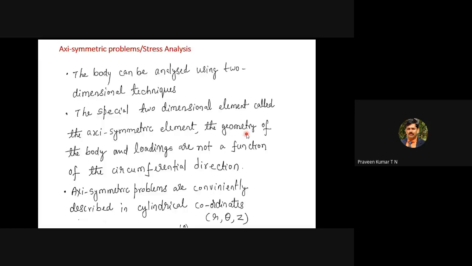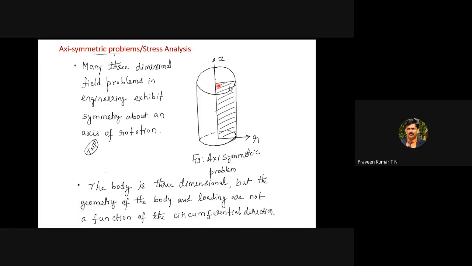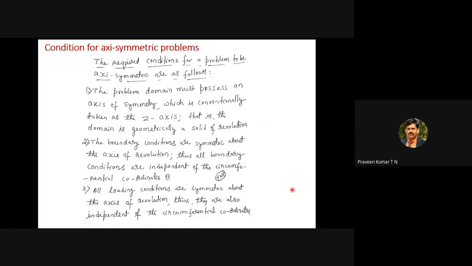Imagine we have one rectangle. If you rotate the rectangle about the z-axis, we get a cylinder. That is nothing but a solid of revolution. That means by revolving the rectangle, we get the cylinder.